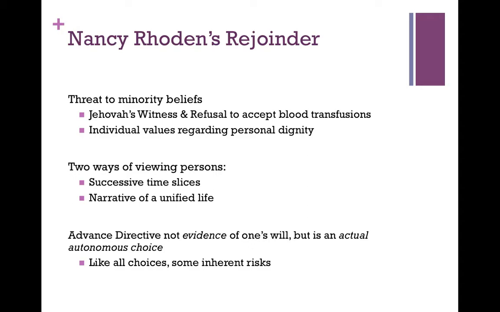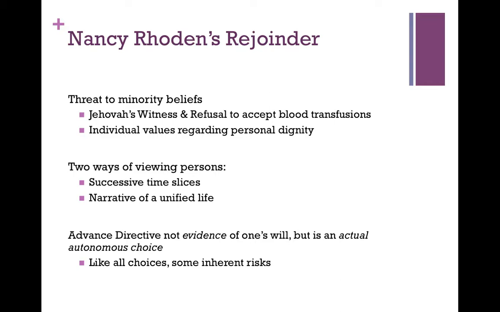So this is a way of defending basically any kind of precedent autonomy. What Nancy Roden says is that, yes, there are complications with it. Yes, there are problems of prediction. Yes, there are going to be conflicts. Yes, there is going to be ambiguity involved, but you need to be aware of that, and you need to be knowledgeable of the fact that there's a risk in the decisions you make.